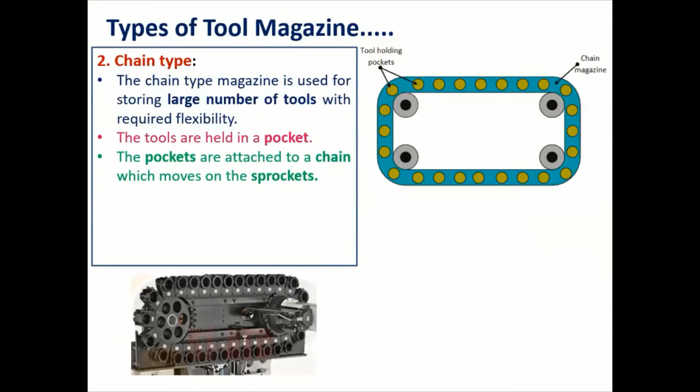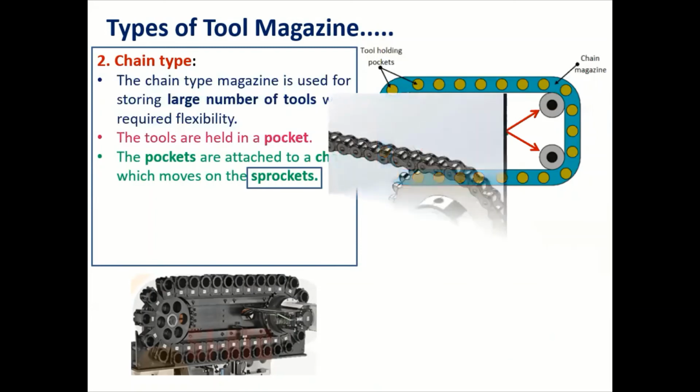The pockets are attached to a chain which moves on sprockets. You can see in this diagram, 1, 2, 3, 4 are the sprockets. If you want to rotate that magazine, we need sprockets for that. Even in a bicycle we use a sprocket.